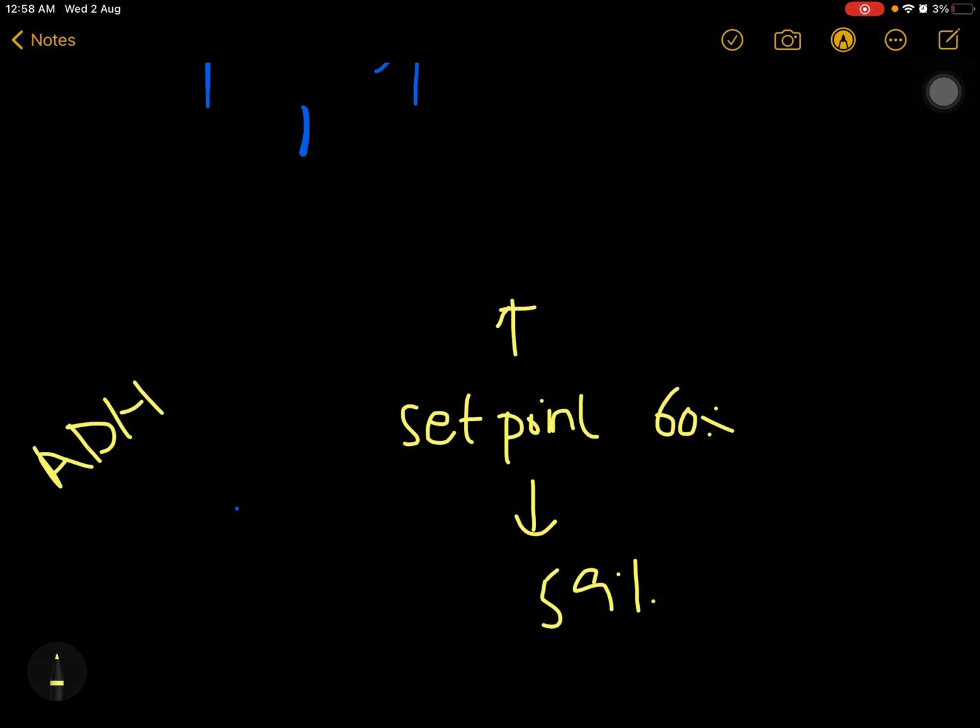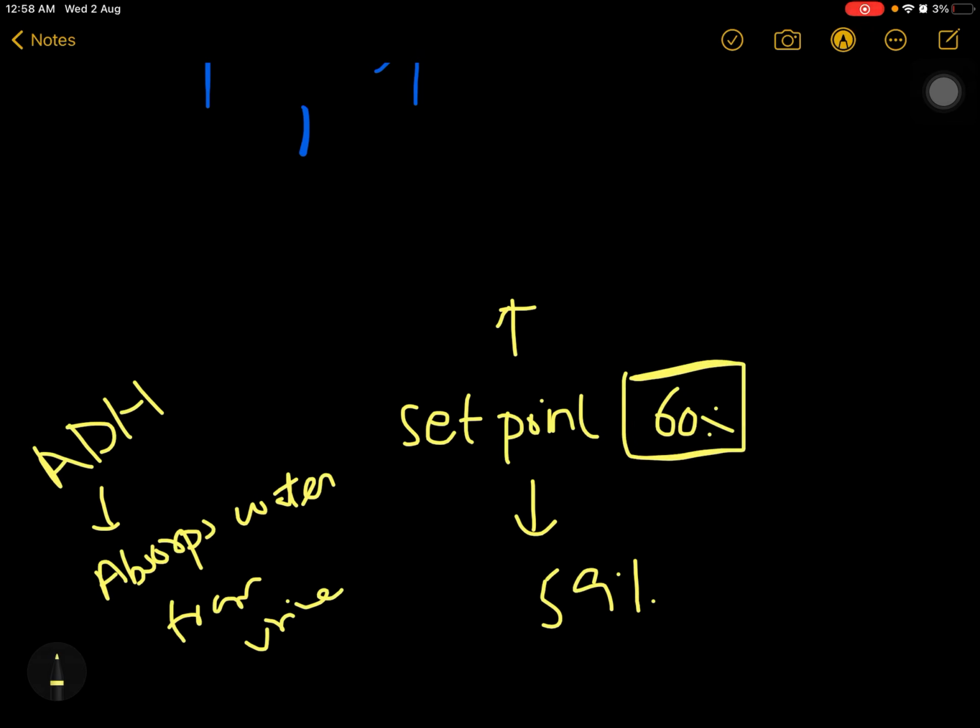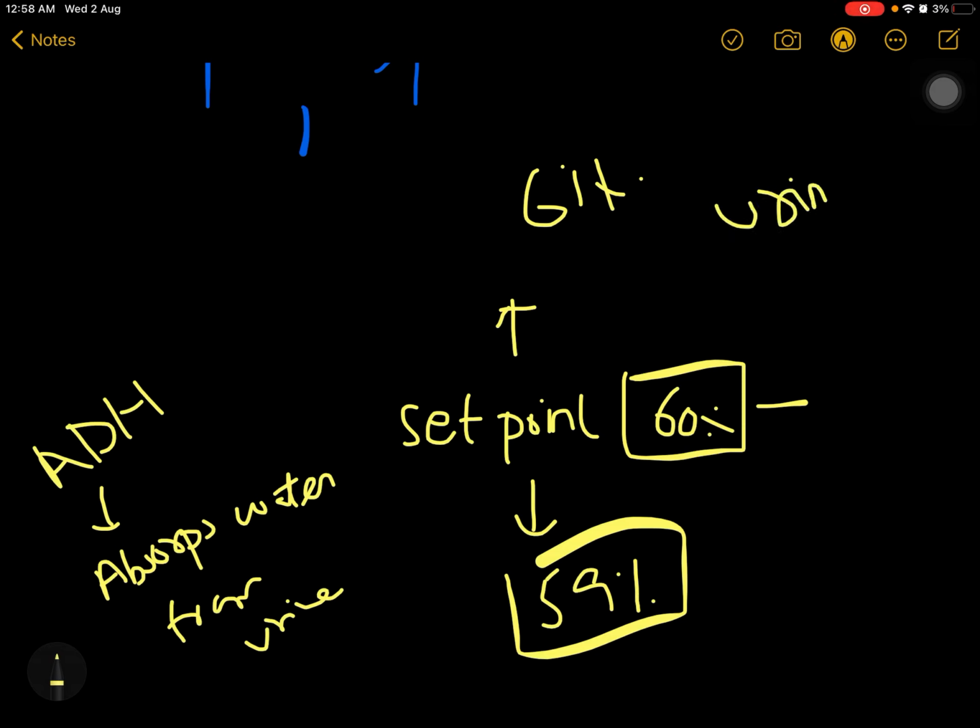It absorbs water from urine or from intestine. If you have less water, ADH will be released and will absorb the water from the urine, so it can maintain the set point, which is 60%. If you have 61%, now you have a lot of water, then ADH won't be released, but the urination will be increased so that you can eliminate the excess water.